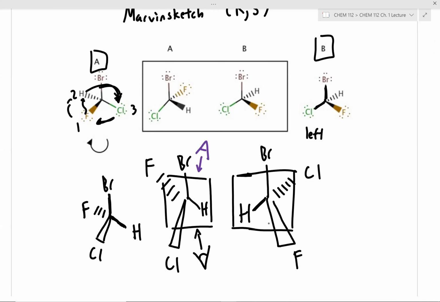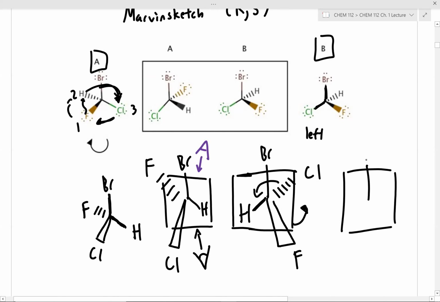Now all we have to do is rotate our substituents counterclockwise, and we end up with the following relative arrangement of substituents. We have our bromine pointing up, our chlorine pointing to the left, our fluorine pointing in the back, and our hydrogen pointing out of the page.